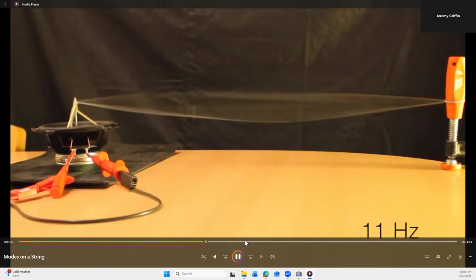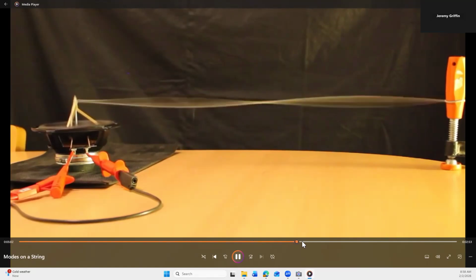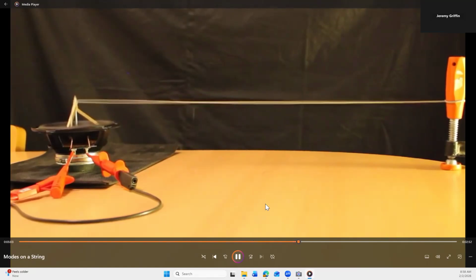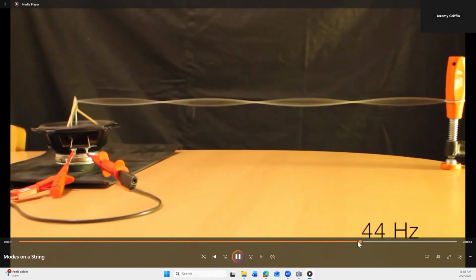Looks like 11 hertz, and then now he's pausing the video here, 22 hertz. What do you think the next point is? Now it's all muddled, but it's increasing the frequency. And right there, 33 hertz. Then 44. You guys get the idea, right?